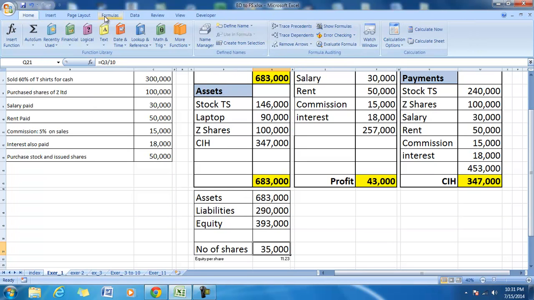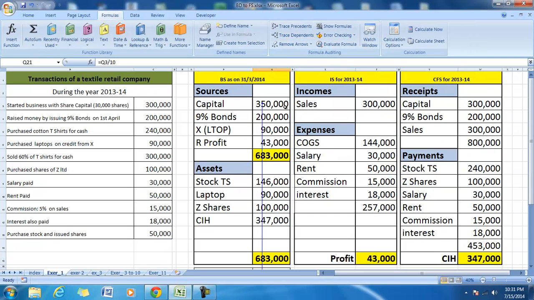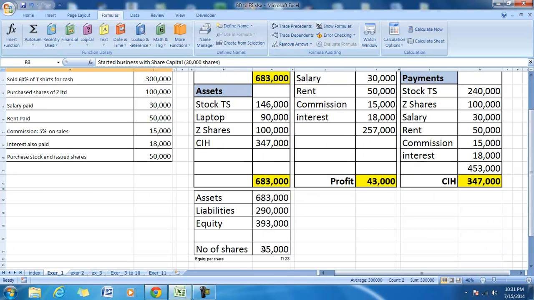On this date, the number of shares that the company is having is a capital divided by the face value, and here we have assumed the face value to be 10, so therefore number of shares is equal to 35,000.